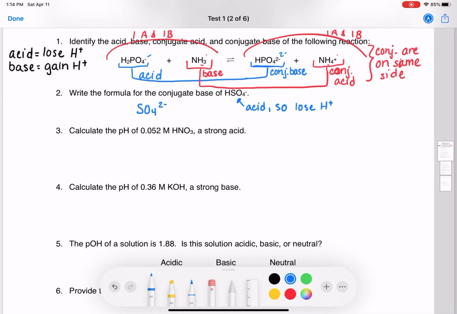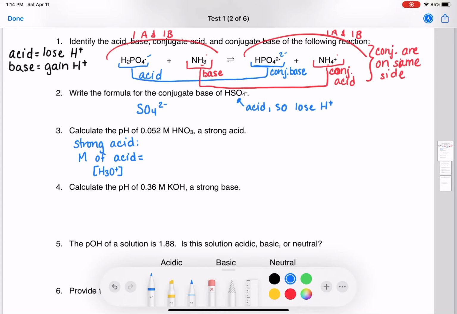Calculate the pH of 0.052 molar HNO3, which is a strong acid. So for a strong acid, whenever you have a strong acid, the molarity of the acid is going to be equal to the H3O+ concentration for that acid. We walked through an explanation of why.